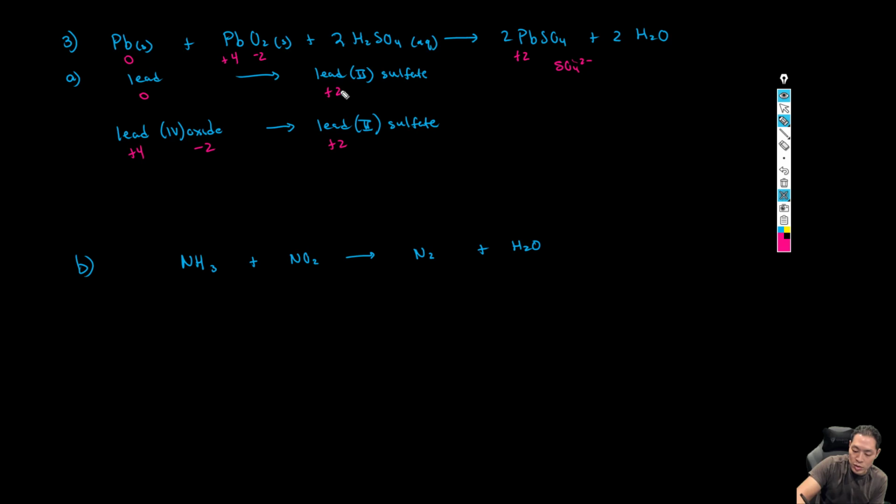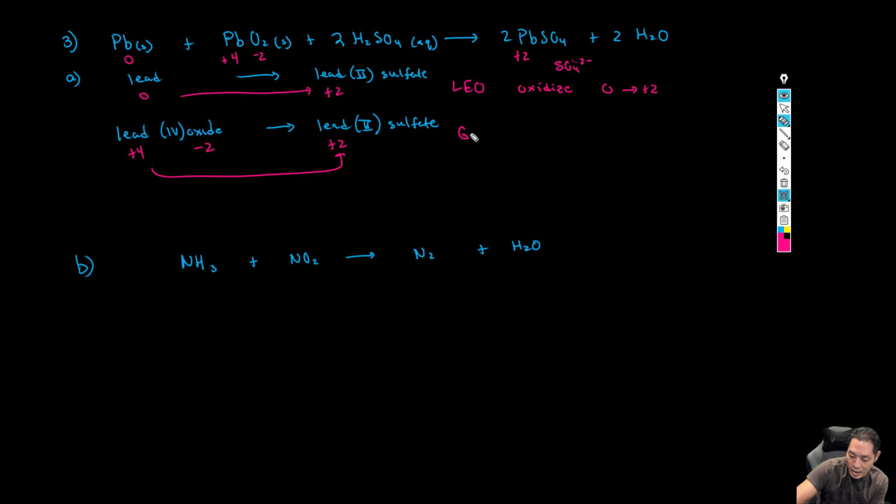So what's going to happen is here it's going from 0 to 2+. So that means it is losing electrons, LEO. So that means it's being oxidized because it's going from 0 to +2. And in this case, it's going from +4 to +2.